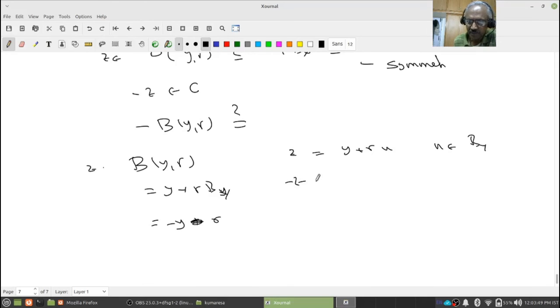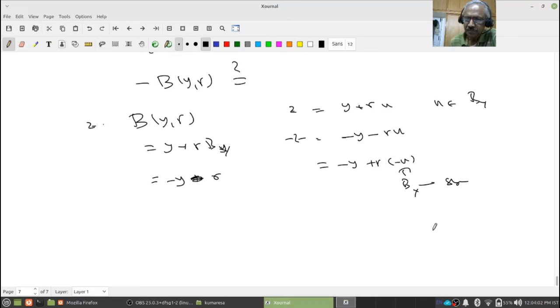Therefore minus z will be minus y minus ru, which is minus y plus r times minus u, but minus u belongs to By because By is symmetric. You follow that? Therefore, what we found out is that minus of B(Y, r) is nothing other than B(minus y, r).